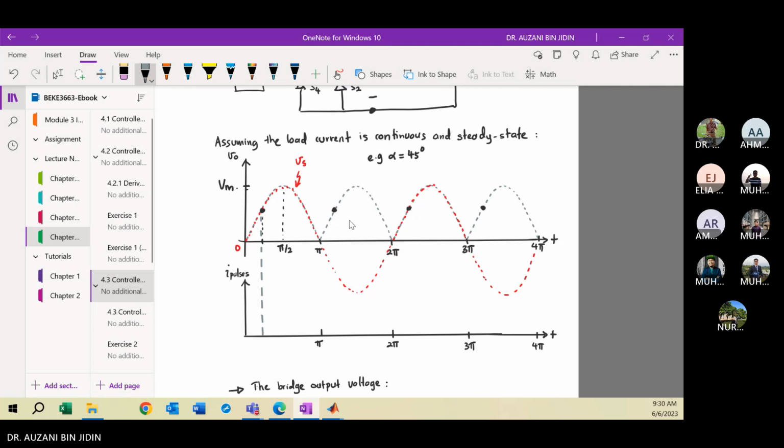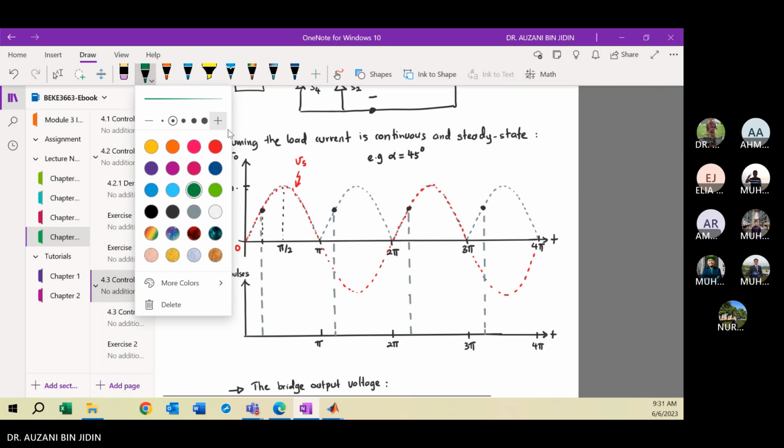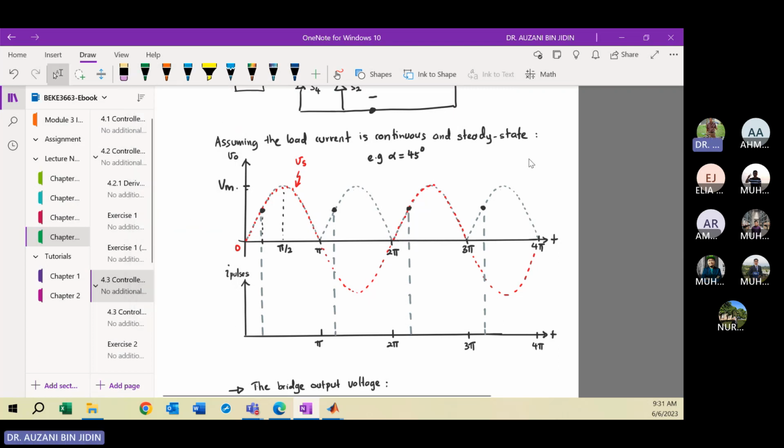Okay, so here will be time 0, or 0 radian and 0 degrees.